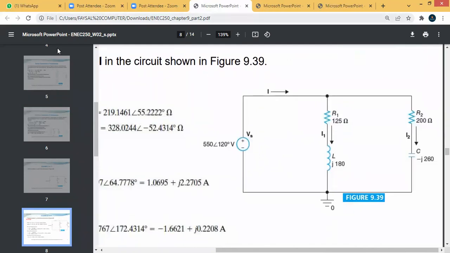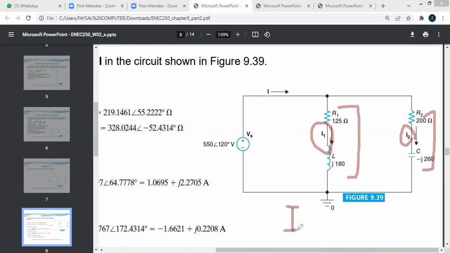For this system, here is I1, and I1 is a function of R1 and L. I2 is a function of R2 and the value of C. And the I function will be equal to the value of I1 plus the value of I2.